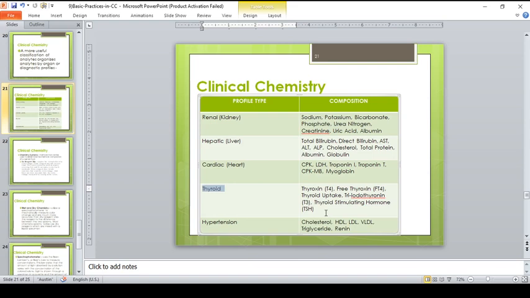Okay? So, hypertension: the lipid profile, cholesterol, HDL, LDL, VLDL, triglyceride, are requested to assess hypertension or high blood pressure, as well as renin.